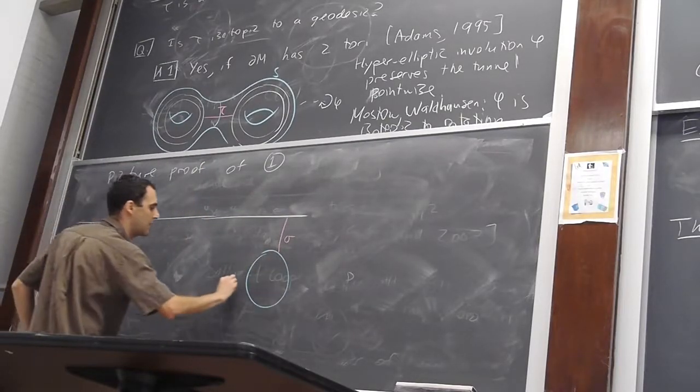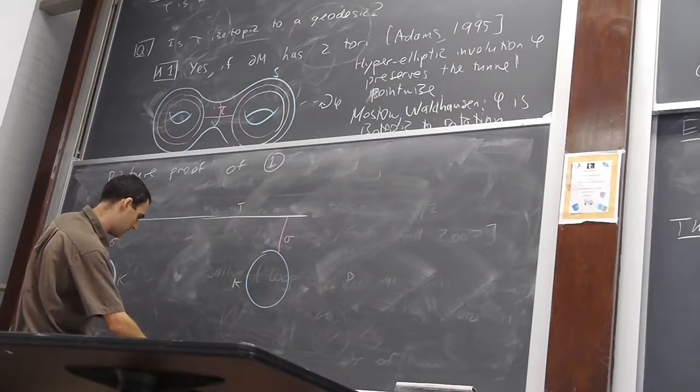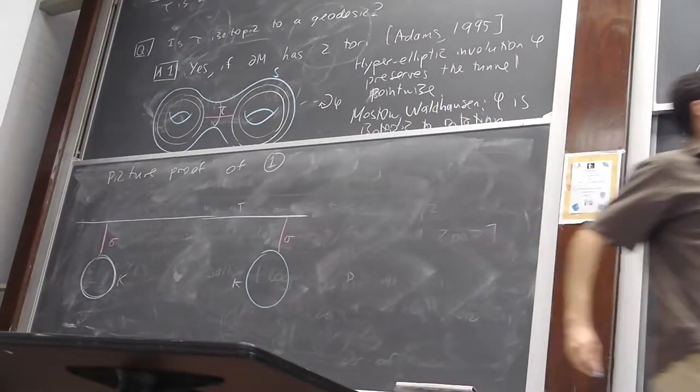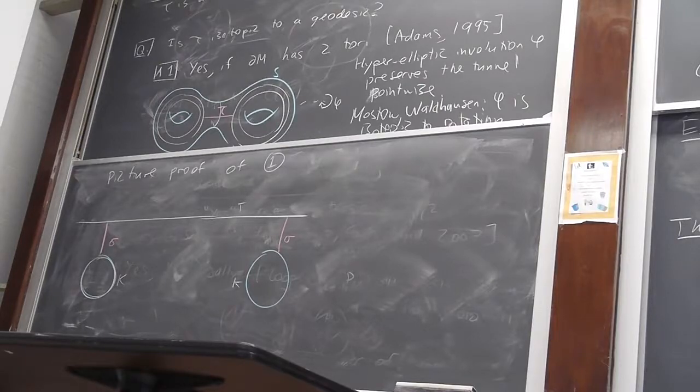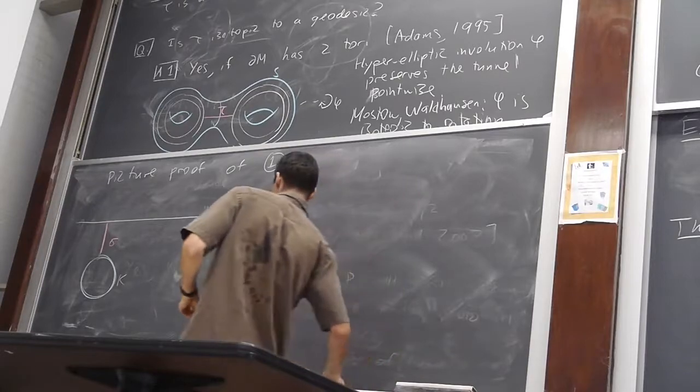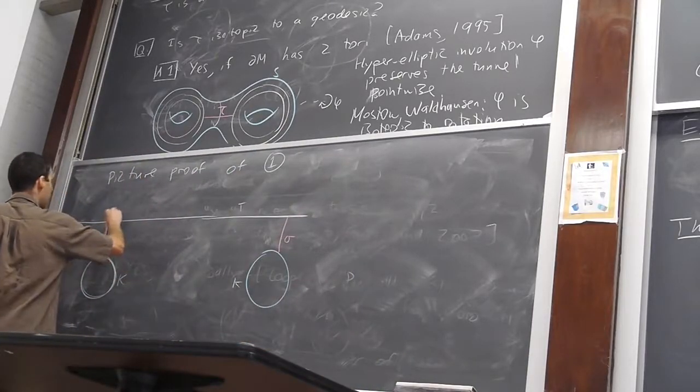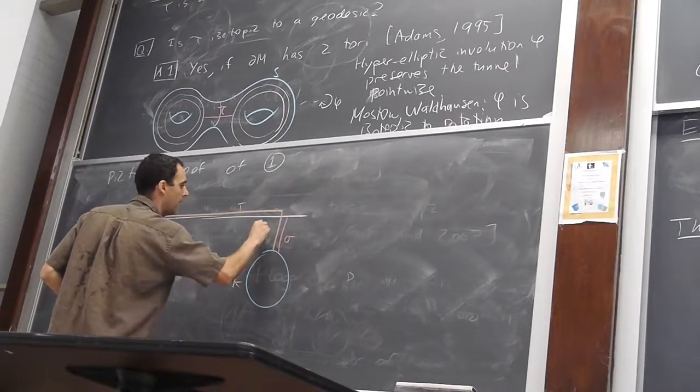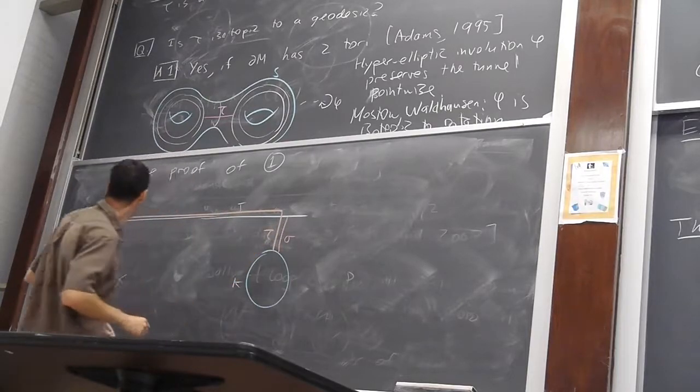This is K. And what's going to be your tunnel after filling? Well, you follow along the old one, you go along the longitude, and then you come back. So here is your tau.